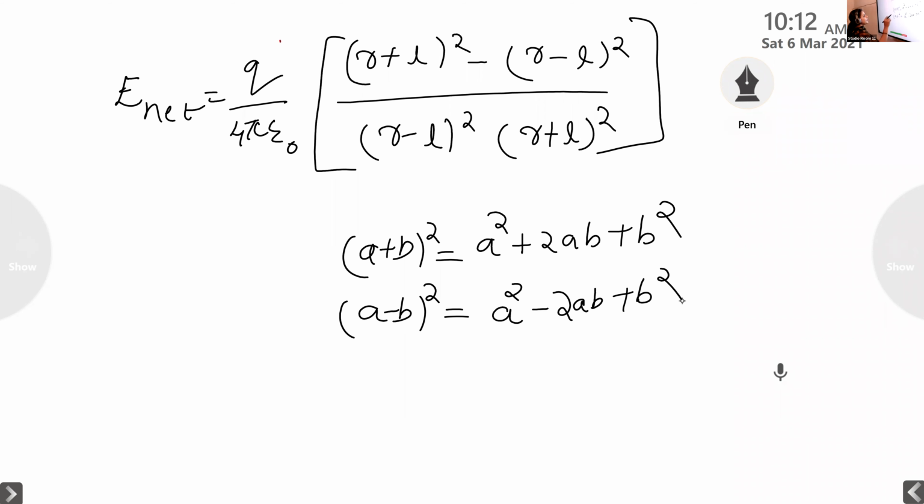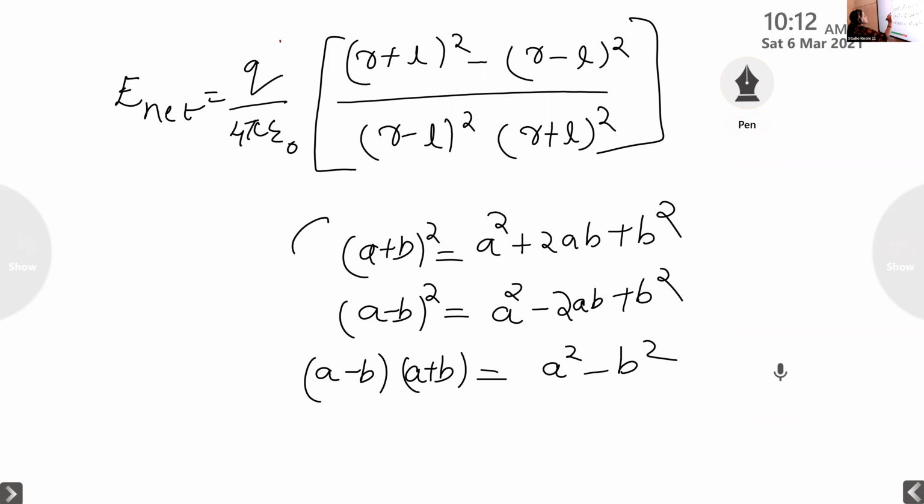Similarly, when you observe the denominator, it is also in the form of an identity, A minus B into A plus B. What is A minus B into A plus B? That is equal to A square minus B square.